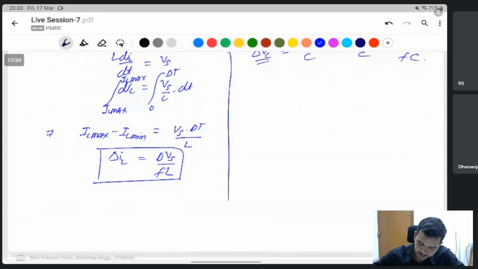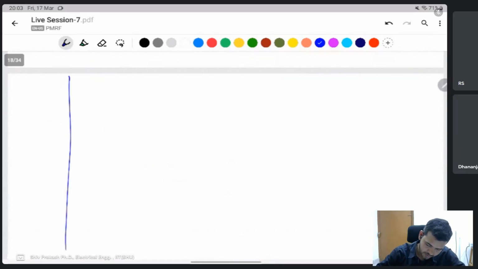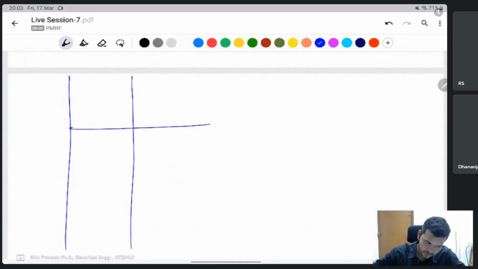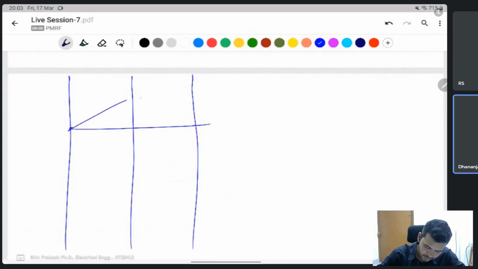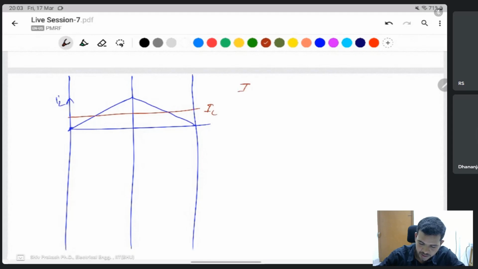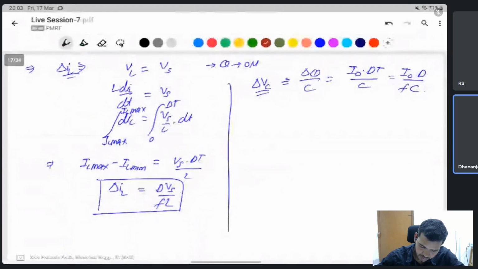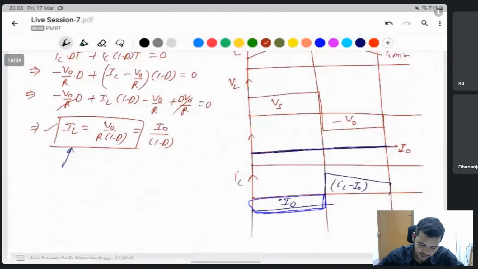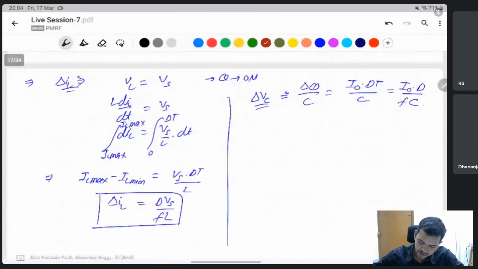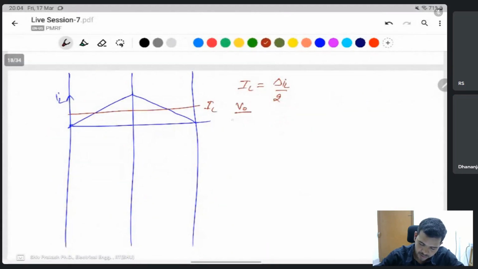For the boundary condition, the average of IL is the same as delta IL by 2, and IL in this converter is V naught by R into (1 minus d).